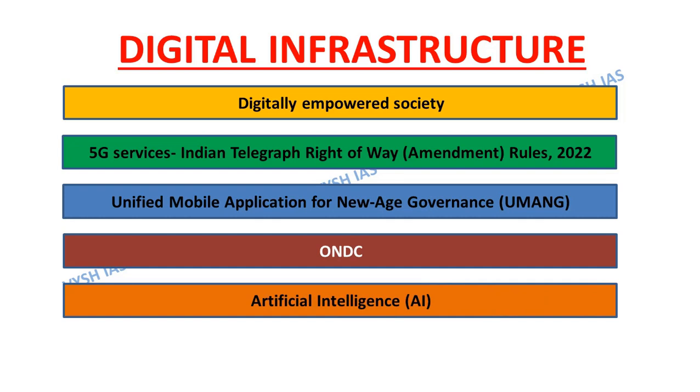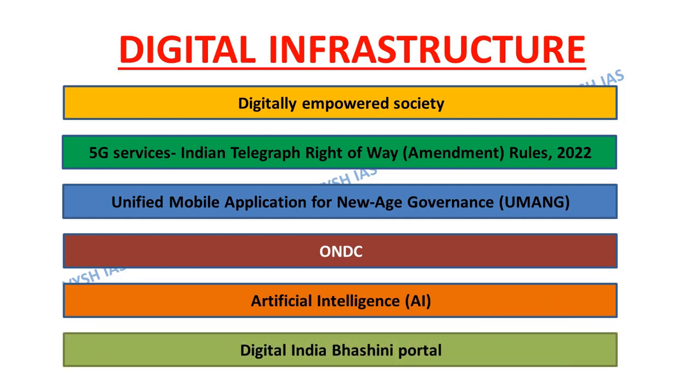Another important domain that the government has emphasized is the availability of open resources on artificial intelligence. And the last one regarding digital infrastructure is the Digital India Bhashini portal, which was launched in July 2022, that will bring access to the internet and other digital resources to millions of Indians in their own language.